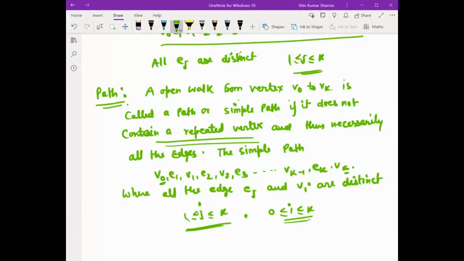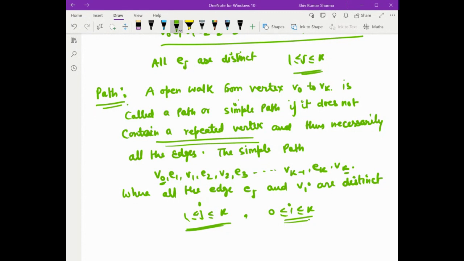Path means an open walk. This is obvious, that means the initial and ending vertex are distinct. It is said to be a path or simple path if it does not contain a repeated vertex. That means we cannot visit any vertex twice or thrice, and thus necessarily the edges also cannot repeat.